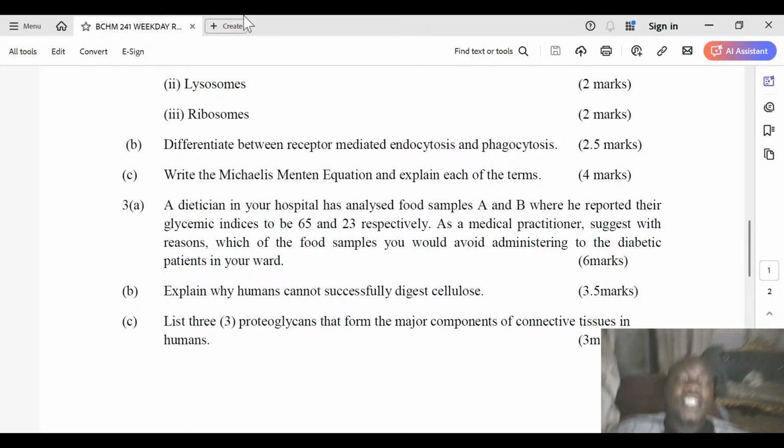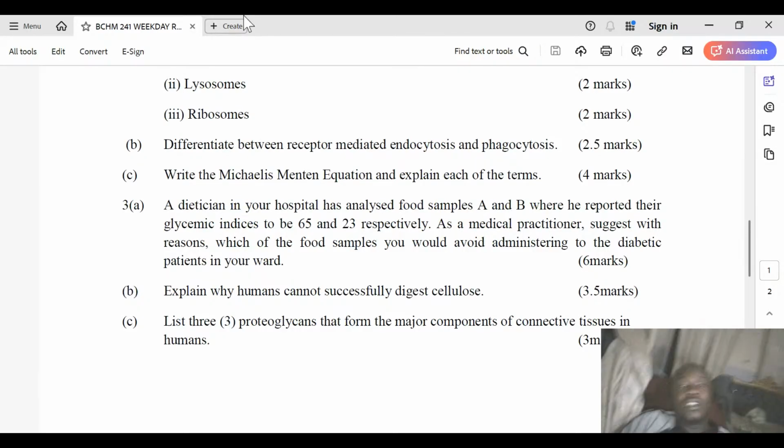You don't know it. So who knows it? The major proteoglycans that are found in humans.